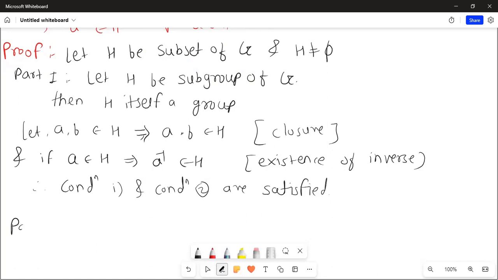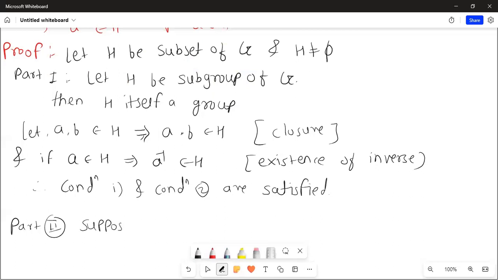अभी सेकेंड पार्ट में क्या प्रूफ करना है. अगर कंडीशन फर्स्ट एंड सेकेंड सेटिस्फाइड होती है, then we have to prove that H is a subgroup of G. That means conversely हमें प्रूफ करना है.